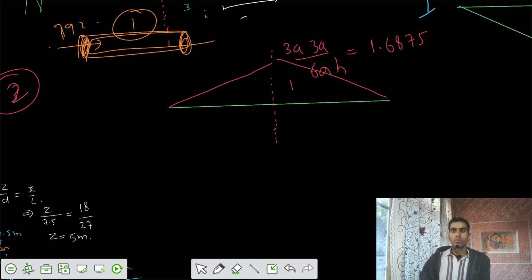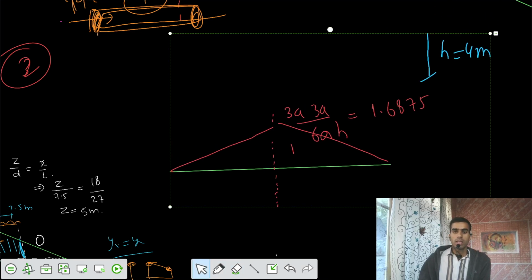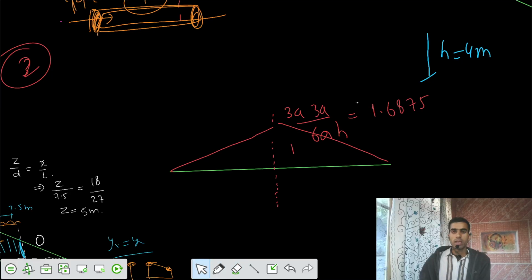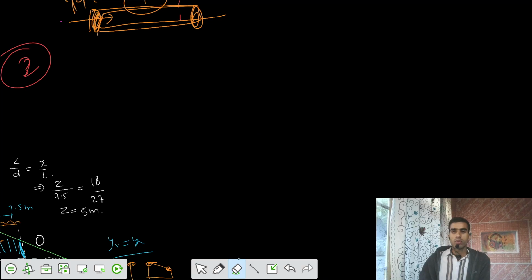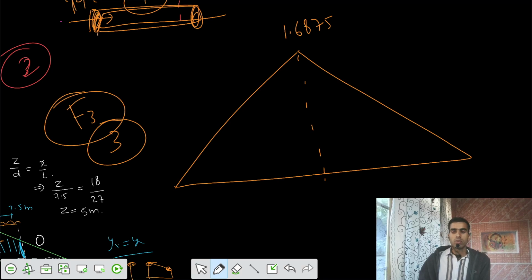The peak ordinate was 1.6875, and for this one also the peak was developed at the midspan. This is the 1.6875 peak, for the calculation of member force in member 3, so F3.